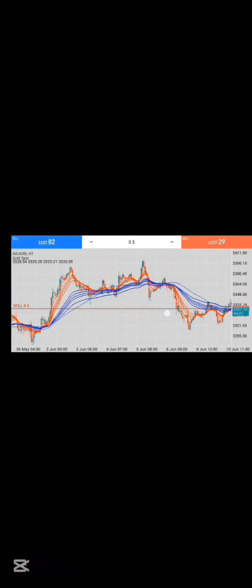You can use your demo to try it. Make sure you test it, back test it, and you're confident about it. You're going to like it. So this is the guppy multiple moving average strategy. You will not see it out there so cheaply like this. Yeah, so this is it.